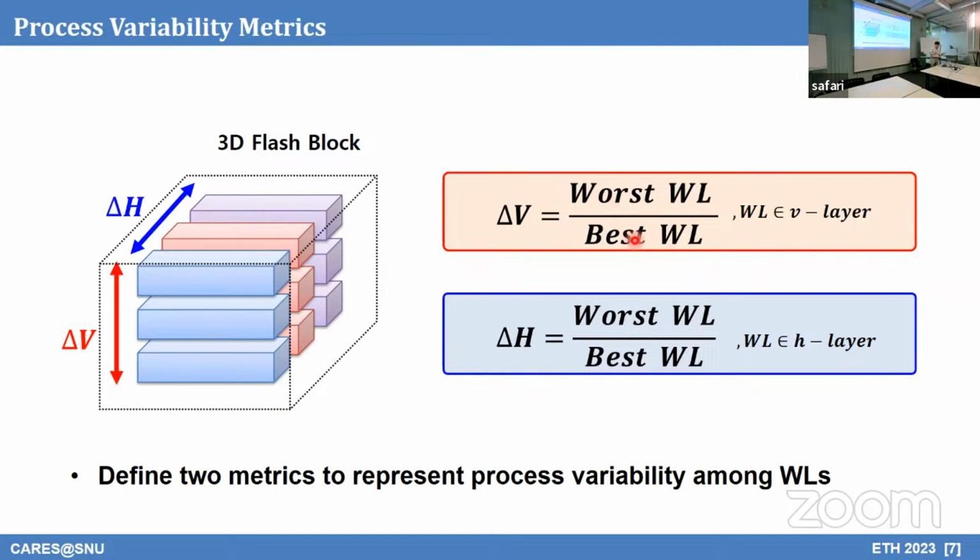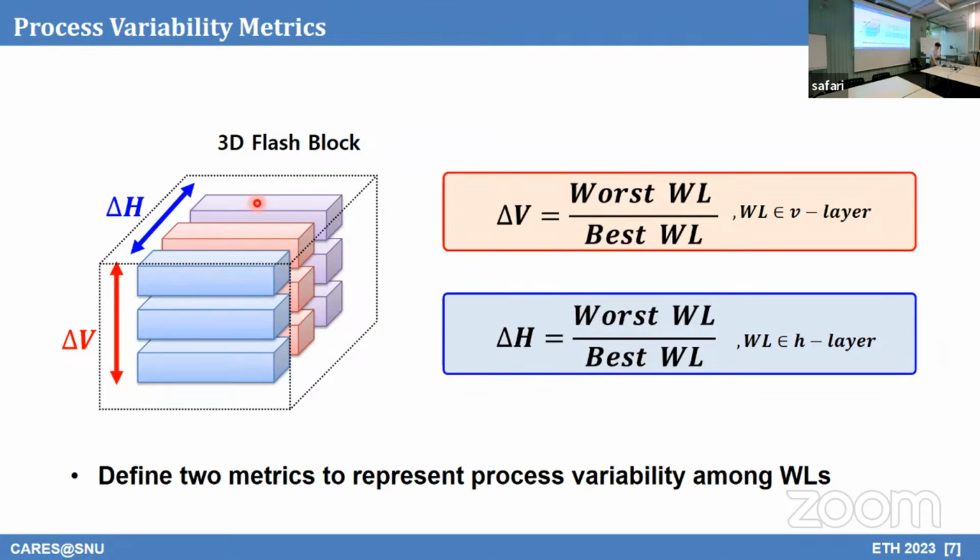What metric I use here doesn't matter. Delta V we define as the ratio between the worst and the best word line in a vertical layer. So in these three word lines, worst and best, and for delta H, we look at the horizontal variabilities.